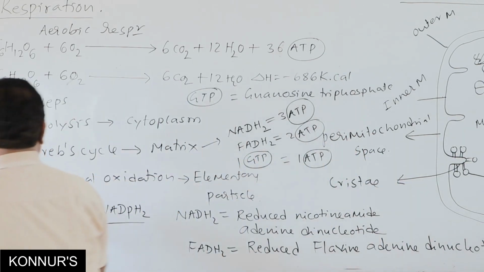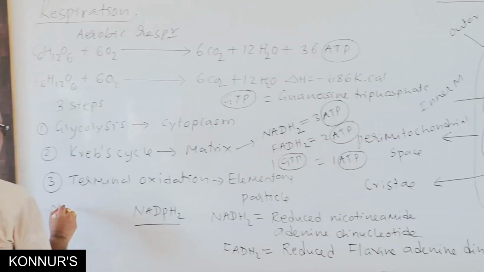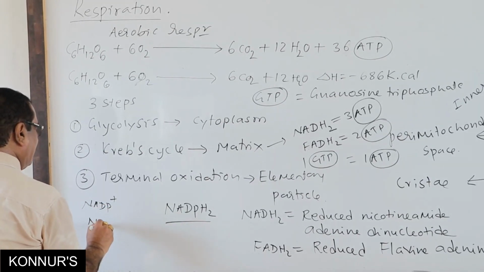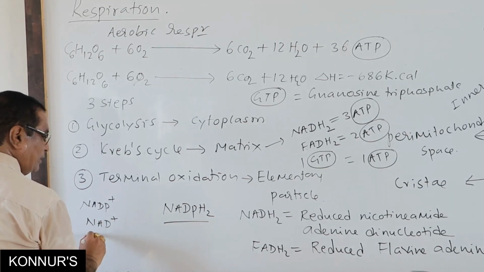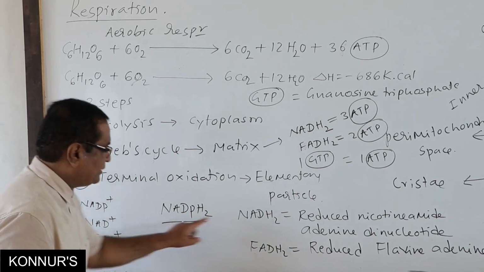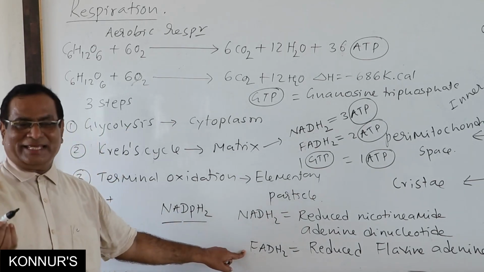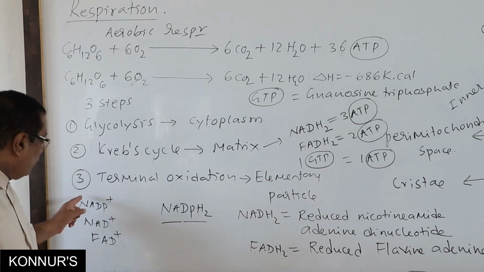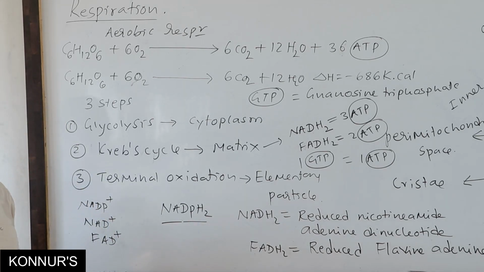If they give NADP, NAD plus, FAD plus, these three are not reducing agents. Instead of giving hydrogen, they take hydrogen.